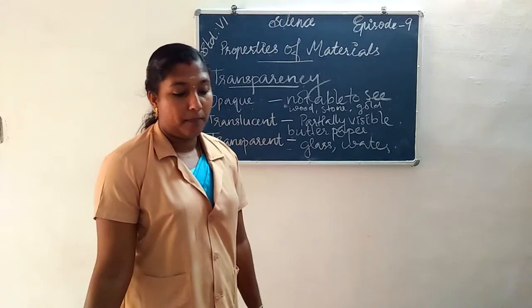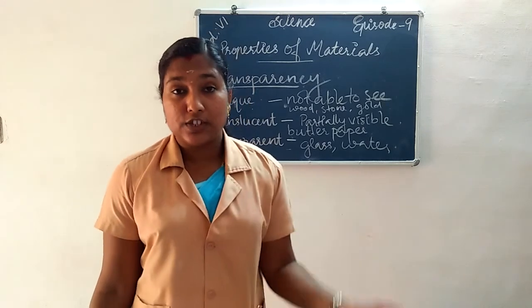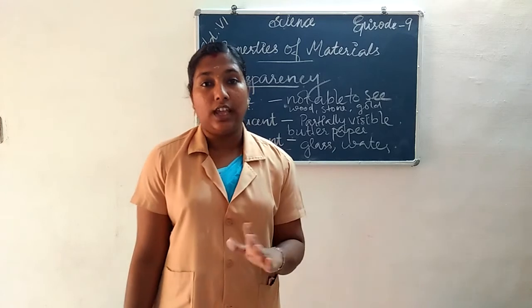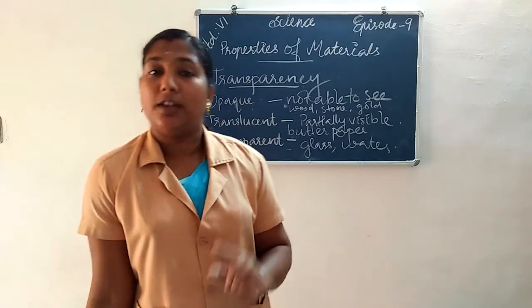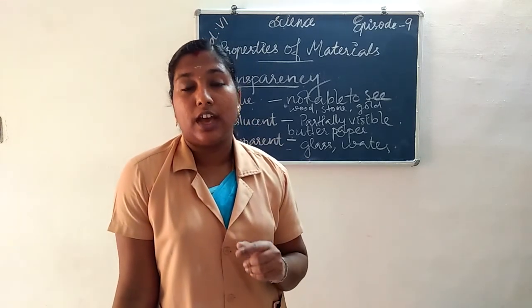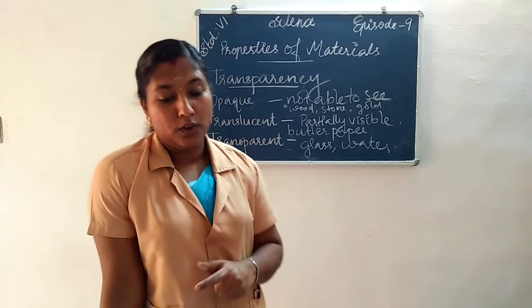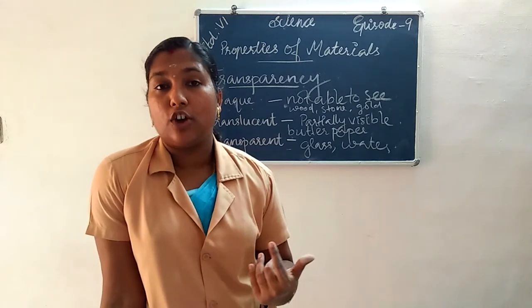Then next we learned about transparency. On the basis of transparency, the materials can be grouped into three: opaque, translucent and transparent. What do you mean by opaque? The materials through which we are not able to see things are called opaque objects.